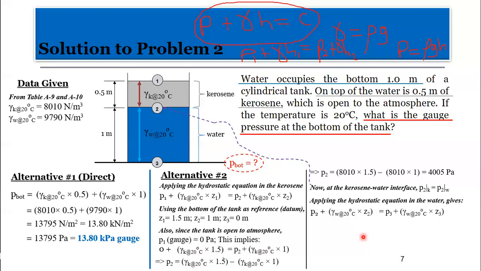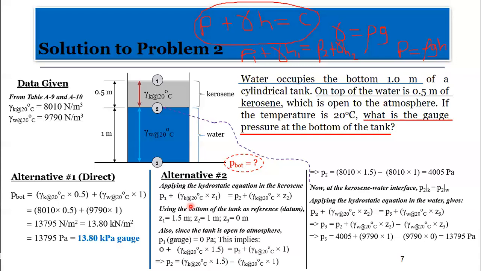So now from here, my P3 can easily be computed, just making it the subject here. And from here, we just substitute, and we end up having 13,795, which is the same thing as this, right? Yeah, I know it's long. Don't worry. I can specify the type of method to use.